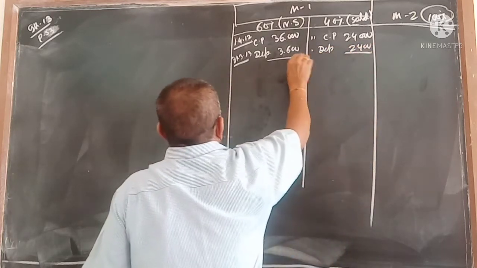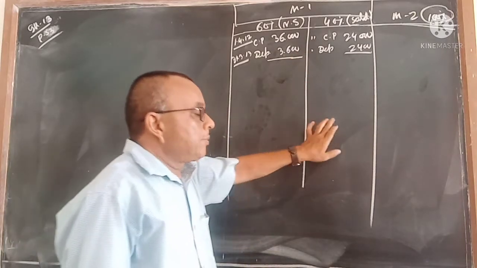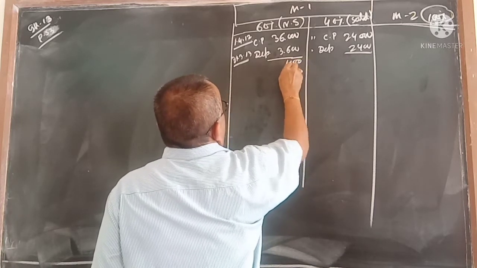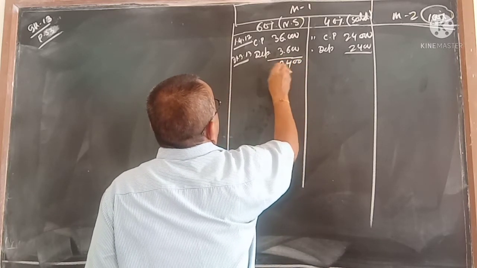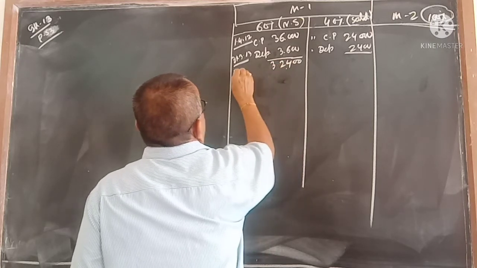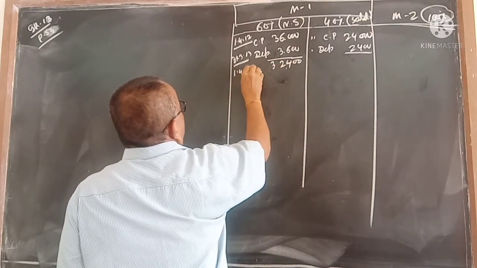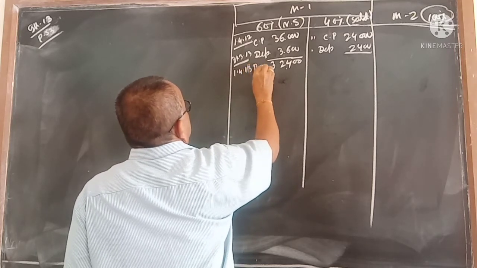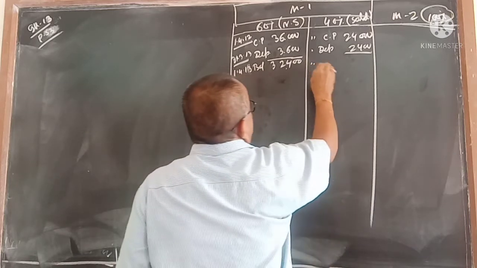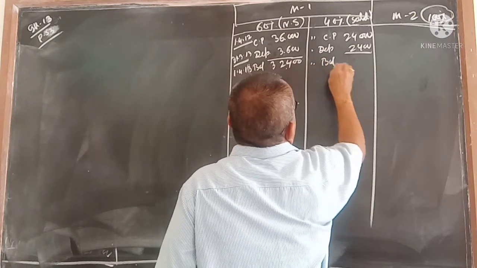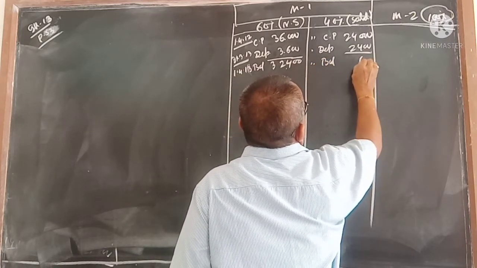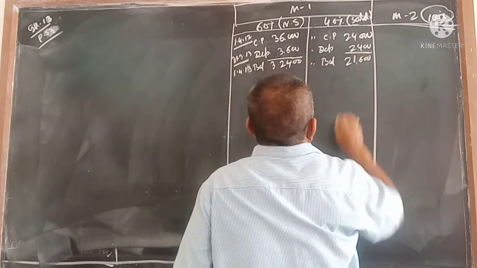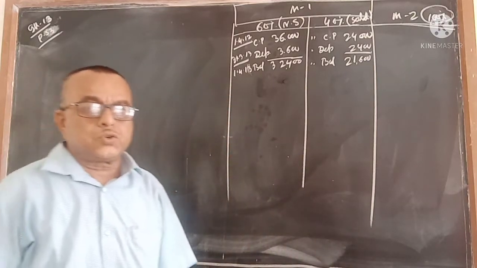Let me complete the first machine first, and after that we will go for the second machine. Correct? 36,000 minus 3,600 is 32,400, and that is the balance on 1/4/13. Here also the same thing I am writing, balance. 24,000 minus 2,400 is 21,600. First year's work is over.